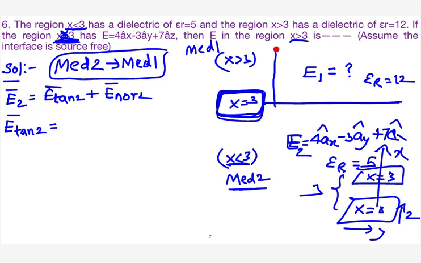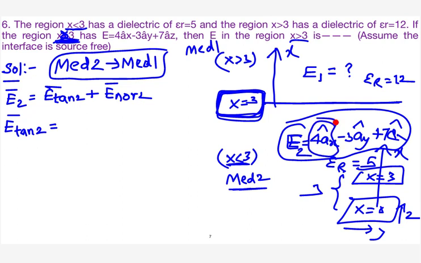So in other words, out of the given equation in E2, the first x component represents the normal component. And the remaining terms y and z, which lie along the surface or parallel to the surface, you can call the tangential component. So what is the tangential component here? Since x is equal to constant, y and z will be tangential.